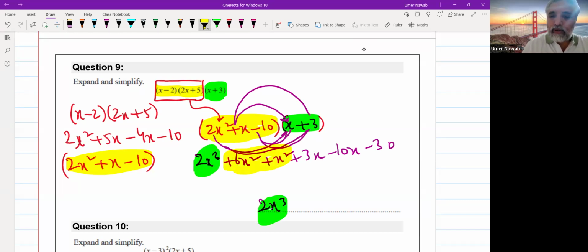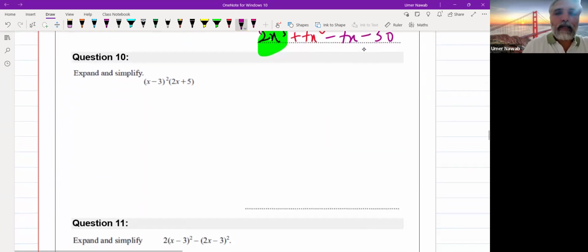Then 6x squared plus x squared will give you plus 7x squared. So be careful, guys. What is the answer? I'm going to write plus 7x squared. Then we have 3x minus 10x, negative 7x, and then finally minus 30.